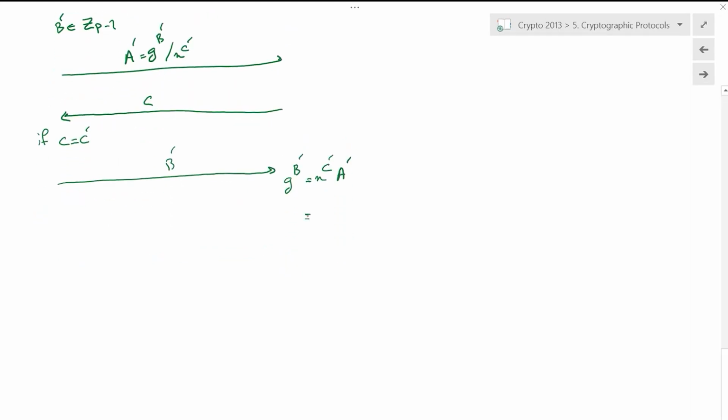Out of this computation, X was G to the S, C prime, and then we said that A prime, according to this computation over here, is G to the power B prime divided by G to the power C prime S, right?